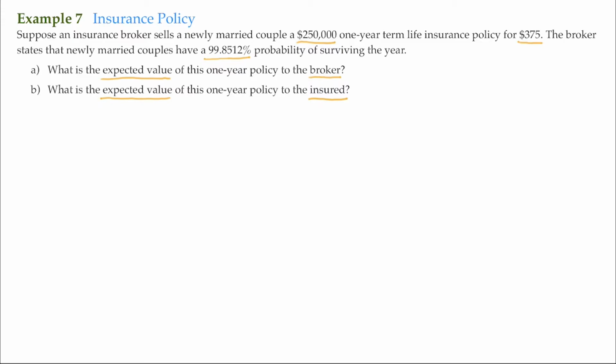So the first thing I like to do, I'm going to put A right here, is we're going to have some sort of payout. And that payout's going to have a probability attached to it, the chances that that payout occurs. One of the payouts, $250,000. So I'm just going to put it in right here.